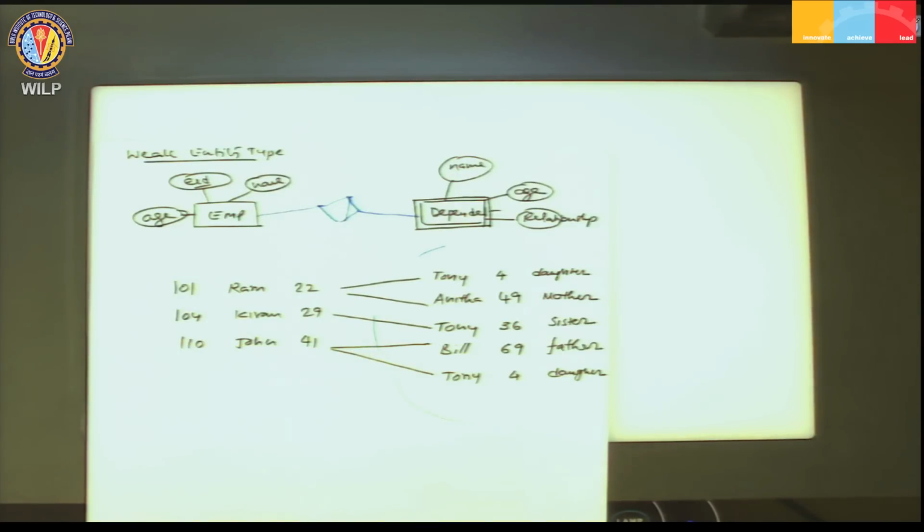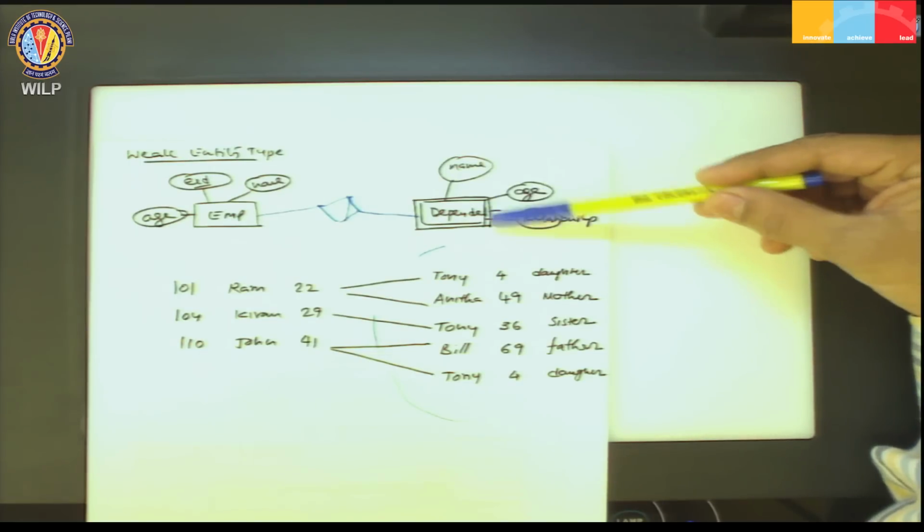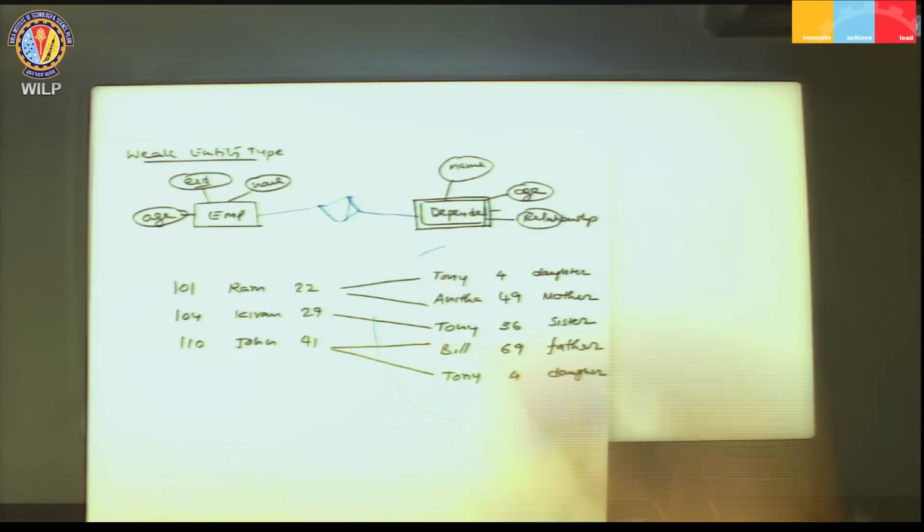The entity types which have a key are called strong entities, and those entity types which do not have any key are called weak entities. The diagrammatic notation distinction between weak and strong entities is that weak entities always have a double line bordered rectangle, whereas a strong entity has only a single line bordered rectangle. So that is the distinction.